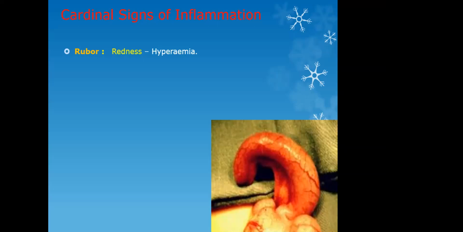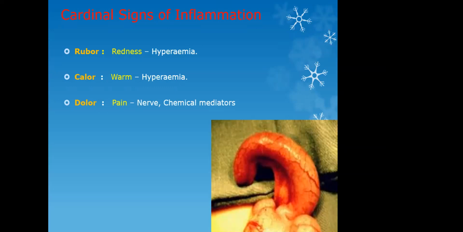So the place where inflammation is taking place will be red. Number two, calor, warm or hot. Both rubor and calor are because of hyperemia, increased blood at that area, which is causing that area to be red and warm.